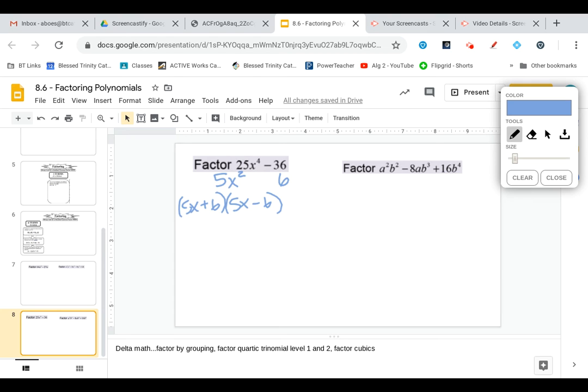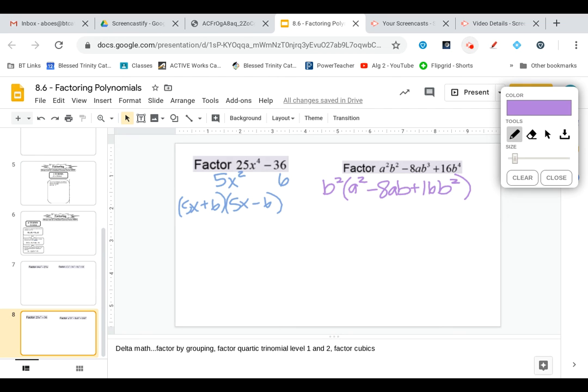I can take a b squared out of the whole thing. So b squared, which would leave me with a squared minus 8ab plus 16b squared is what I would have left over.